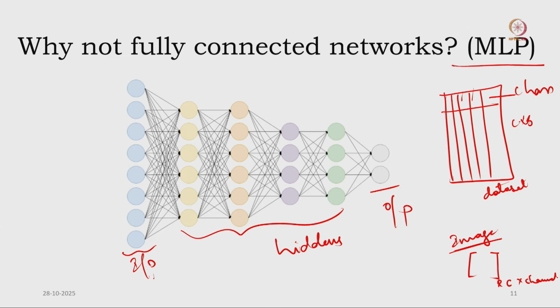So, if it is grayscale, the number of channels is 1. If it is binary, the channel is 1, and if it is RGB, the channel is 3. Okay. So, for a neural network, what is the input? The input is an image, and an image is represented as a collection of pixels.